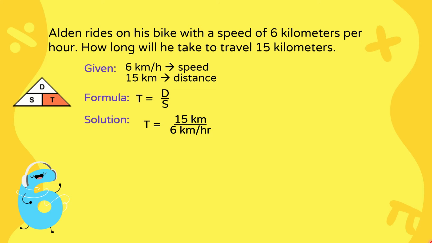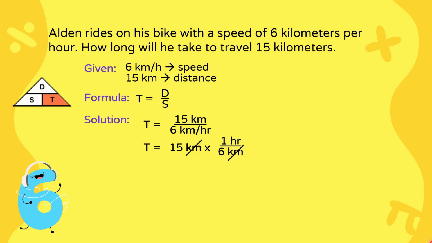So to find the quotient, 15 kilometers, and then change division into multiplication, and then the reciprocal of 6 km per hour is 1 hour over 6 km. And let us now multiply. Cancel the unit of measurement kilometers, and then 15 times 1, we have 15.